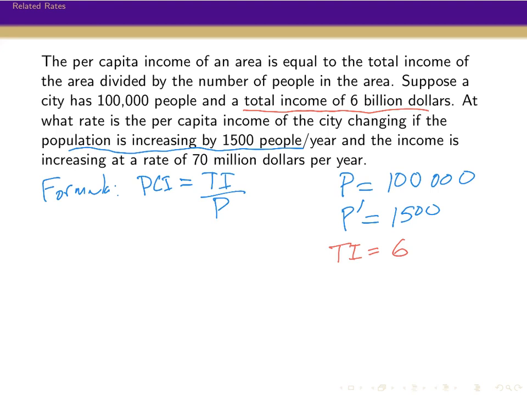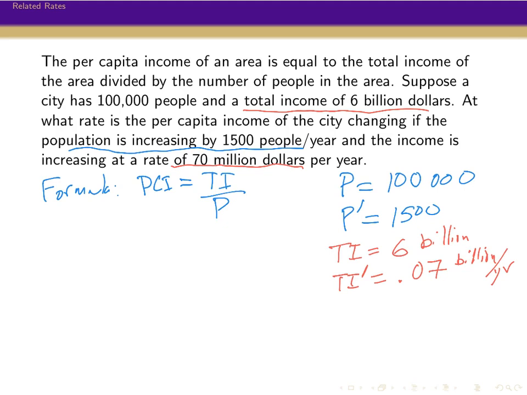That's telling me about the derivative of total income, and 70 million is 0.07 billion. So both of these are in billions, and this is billions per year. Did I misspell billion and million on that? Goes to show you.